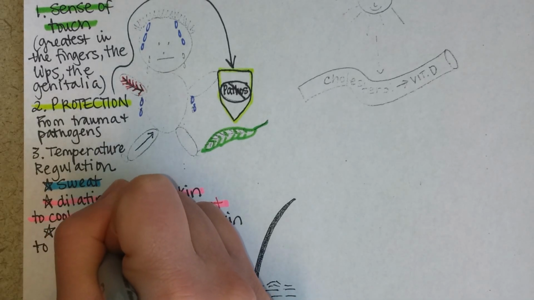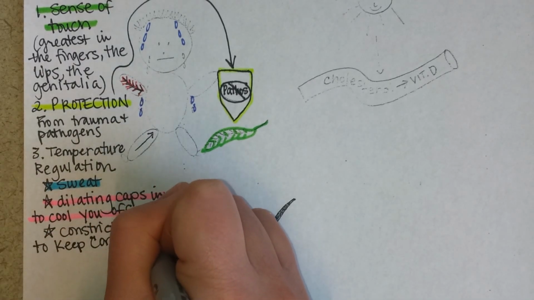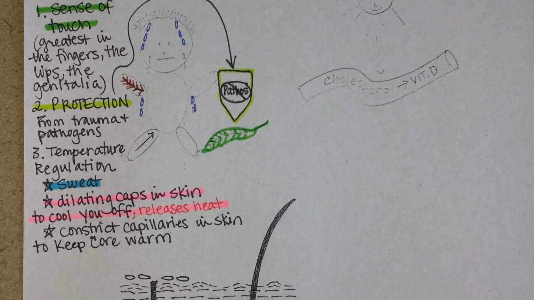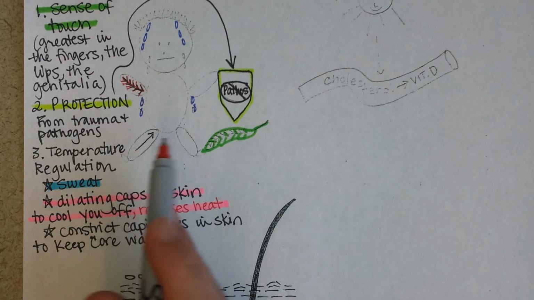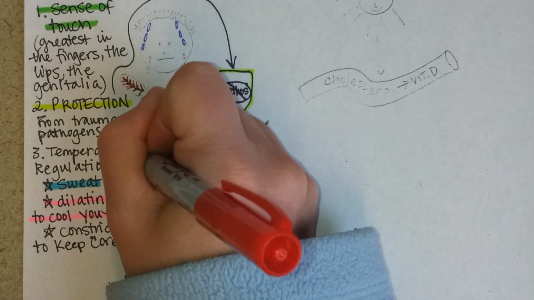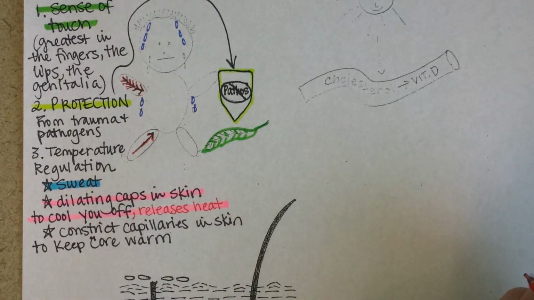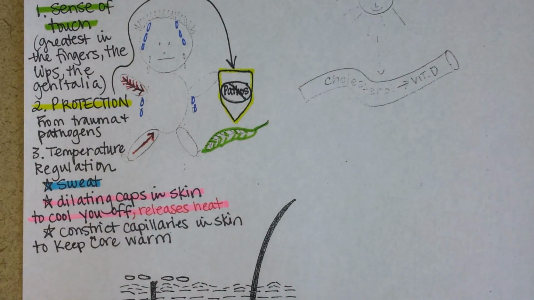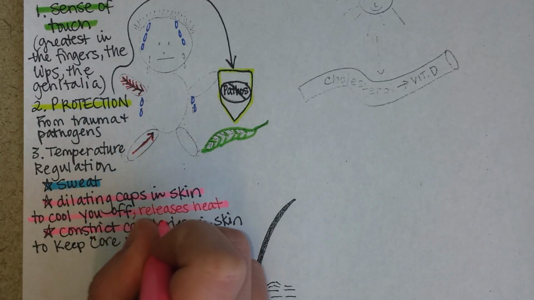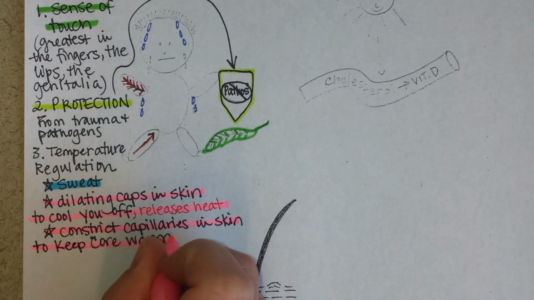To keep the core warm. And so, do you see this line right here? That represents, hey, look, the skin of the limbs, of the nose, of the ears, all those extremities, it's going to lose out if you are cold, and that's why frostbite can be a problem.